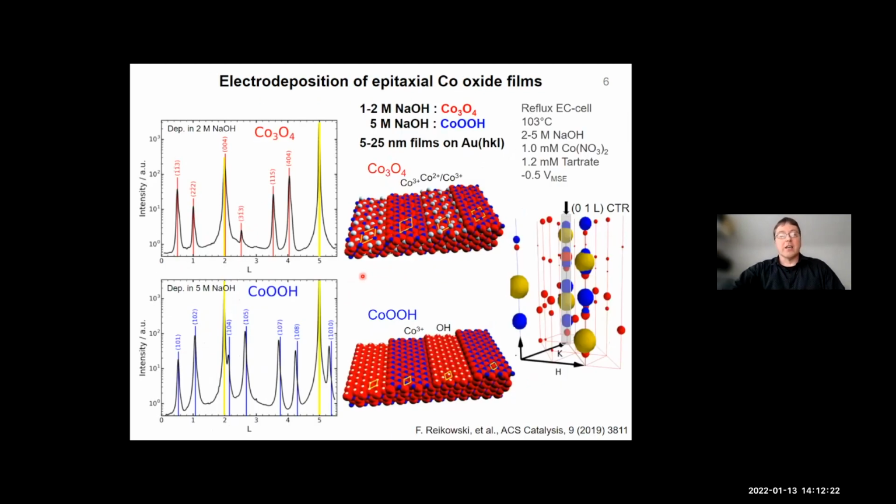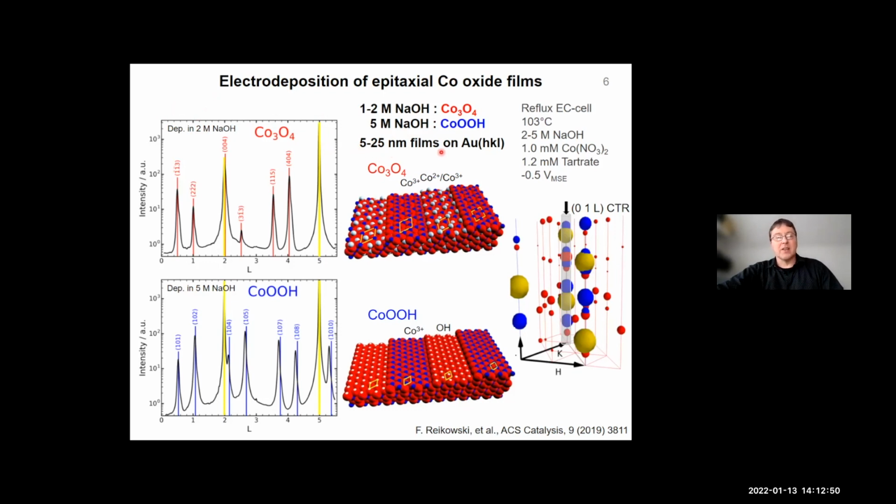So our approach is to use electrodeposited cobalt oxide films, and we modified some recipes in the literature for producing thick cobalt oxide films, and derived a method by which we can electrodeposit very thin epitaxial films between 5 and 25 nanometer thickness.